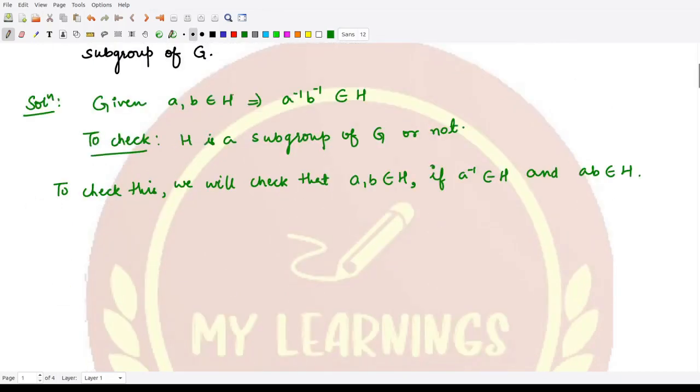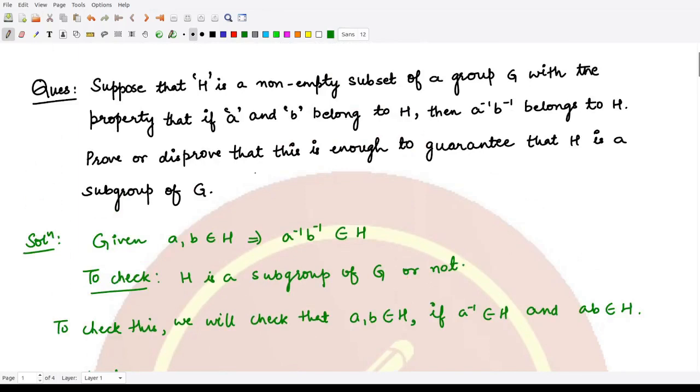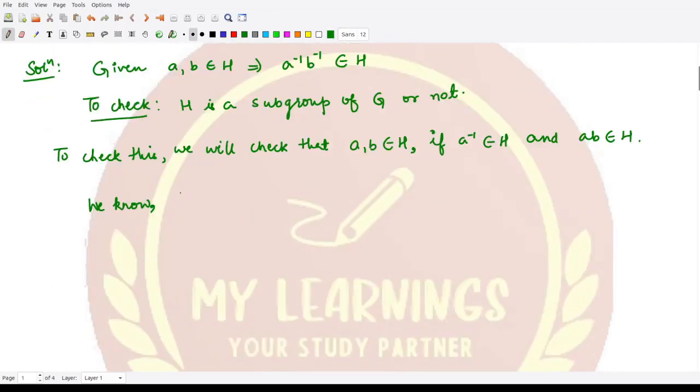So here in this particular case, we know if H is a subset of G, it would surely contain the identity element within it, correct? It is a non-empty subset of group G, so that means it would surely contain the identity element. So let's take E belongs to H, right?